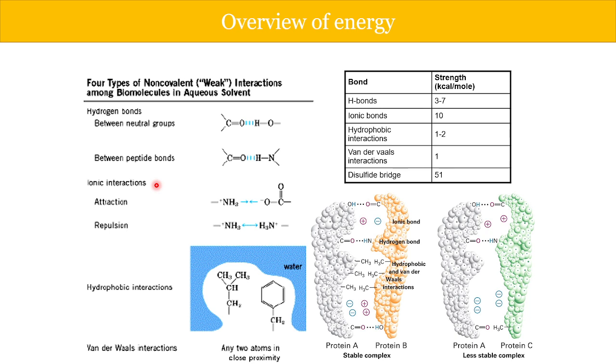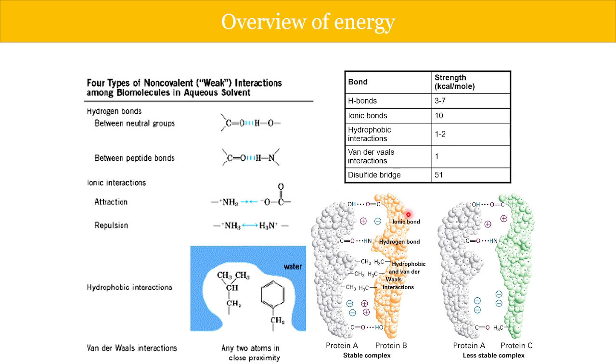That does not occur. Okay, so the other interactions are your disulfide bridge formation, which has a strength of 51 kilocalorie per mole. Then you have van der Waals interactions, which are your weak interactions, at 1 kilocalorie per mole. Then hydrophobic interactions of 1 to 2 kilocalorie per mole.